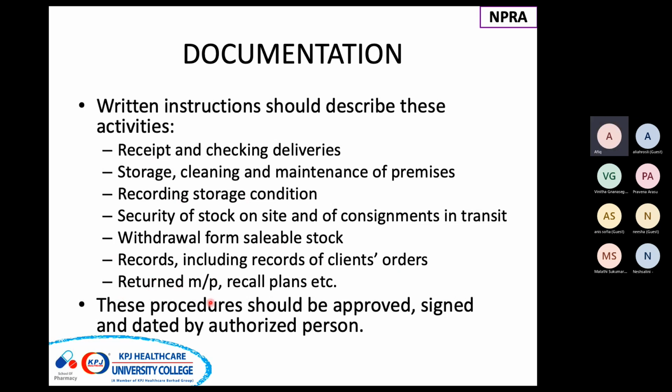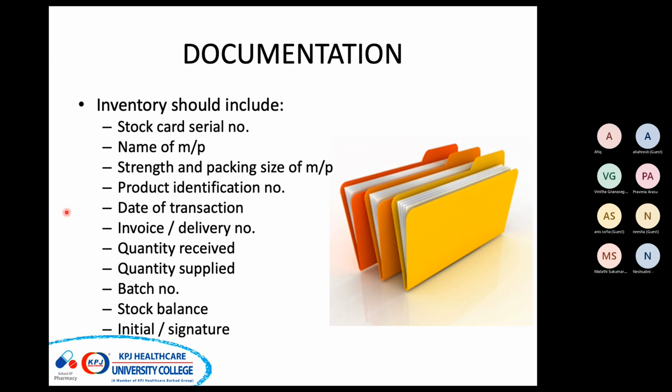So all of the procedures must be approved and signed and dated by the authorized person. Normally it will be prepared by one person, checked by another person, and then only approved. So there will be 3 signatures on all of the procedures.